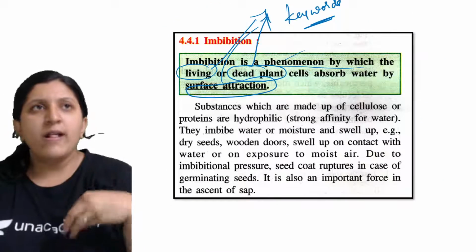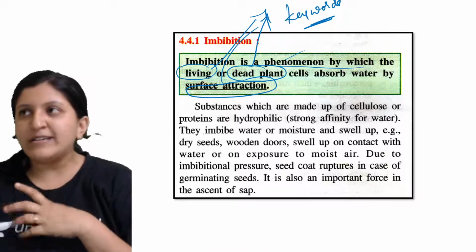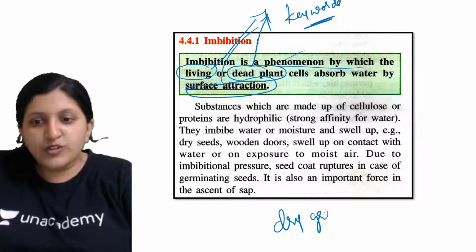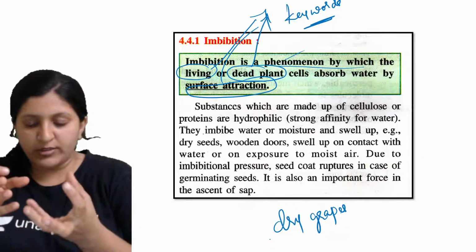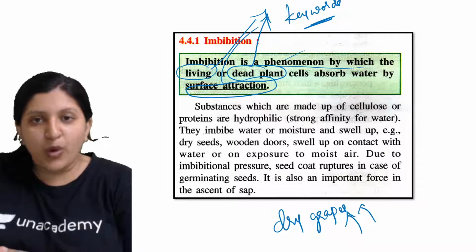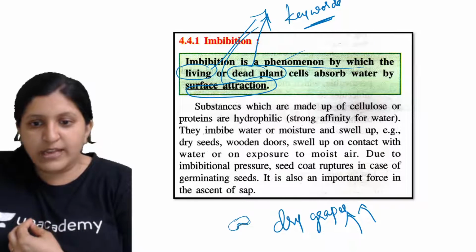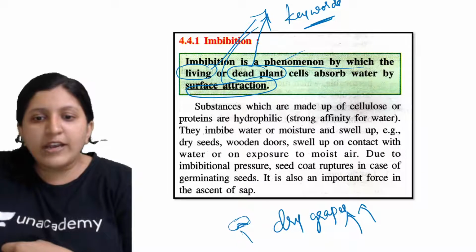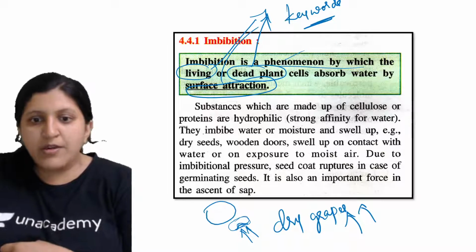That is the raisin, what you call dry grapes. The dry grapes also swell up if you soak them in water. They absorb the water, and earlier this was a raisin, a dry grape itself, but after it starts to absorb the water, you can see a swelling in that raisin.